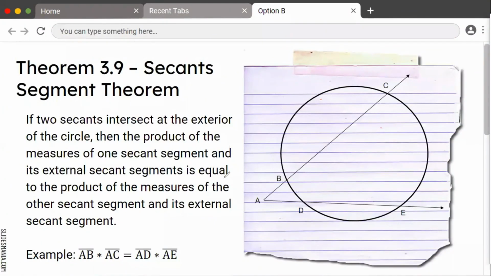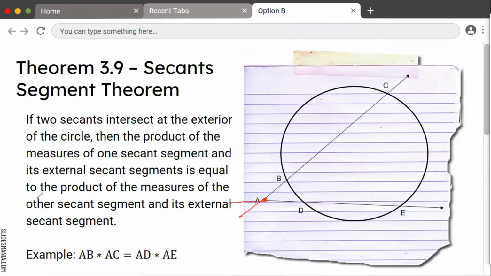Okay, next, 3.9. This is the secant-secant segment theorem. If two secants intersect in the exterior, when we say exterior, our lines go outside and intersect at exactly one point. Here is the intersection point. That is continuous, right? Because that is a secant.